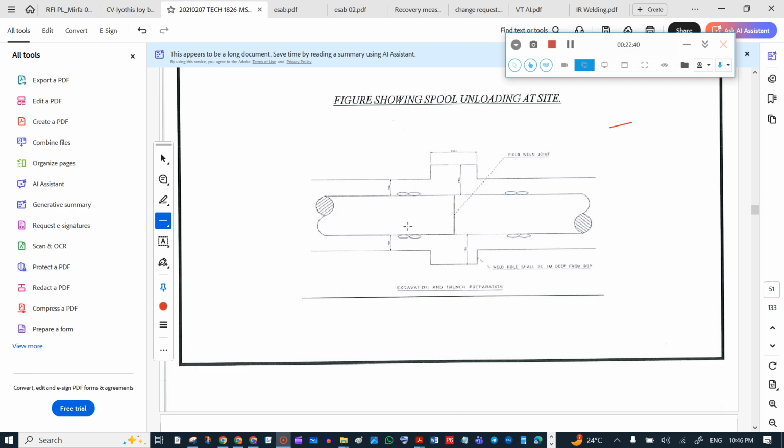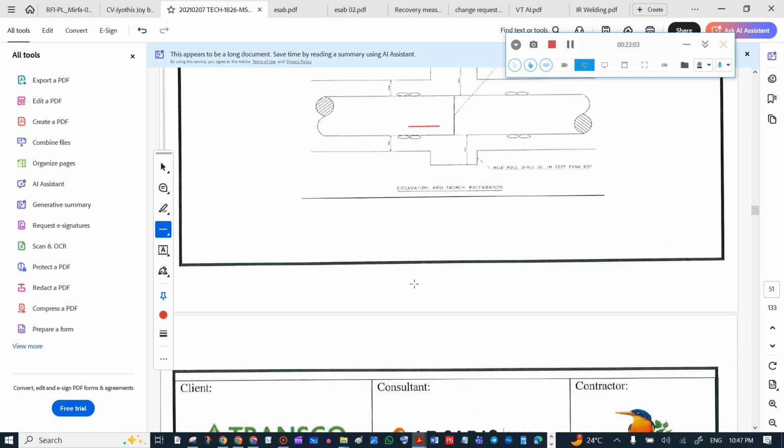Now our pipe is 1.4, 2.5 means 1.5. So minimum we require 0.5 here, but actually here we require 1 meter width and 1 meter depth from the BOP for welding.